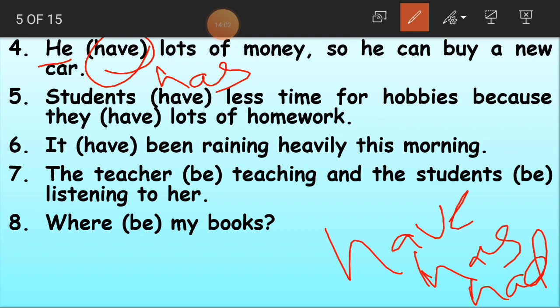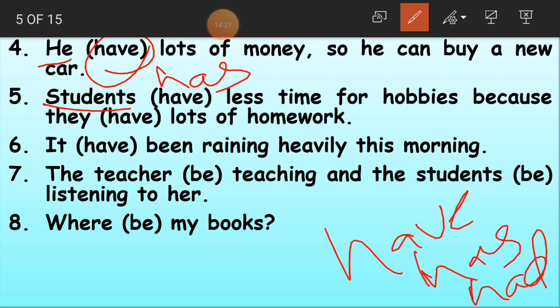Okay. And the fifth sentence. Students have less time for hobbies because they have lots of work. Any changes, children, in this sentence? Students, if you see, plural.